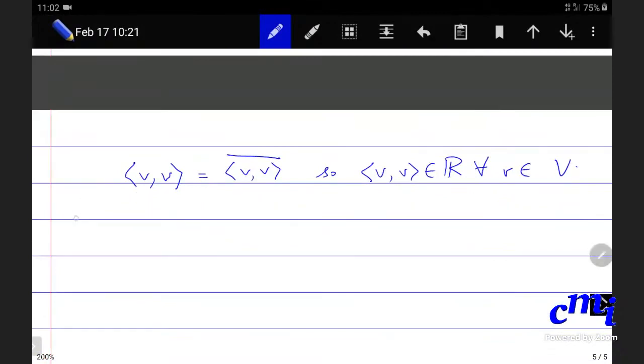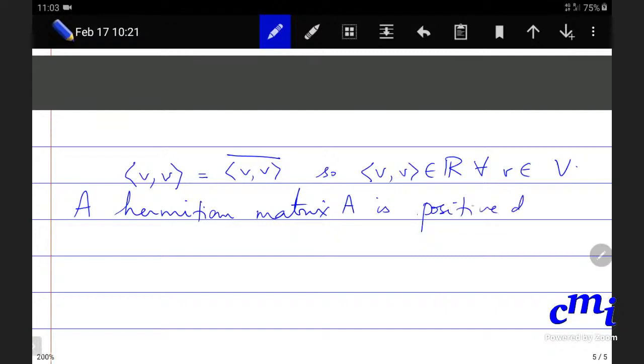And a Hermitian matrix A, meaning a self-adjoint matrix A, is positive definite if x star A x is positive for all non-zero x inside Cn, a vector in Cn.